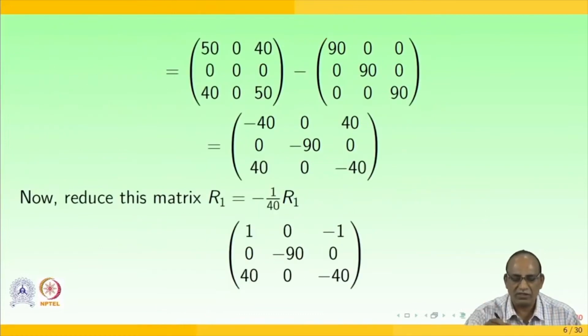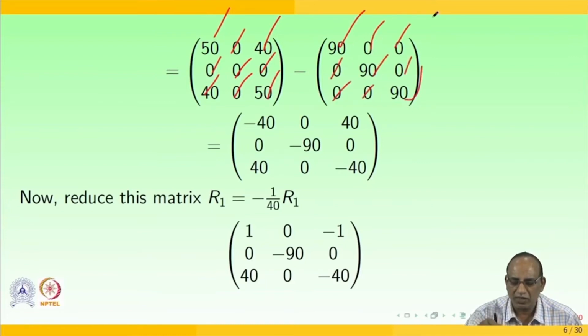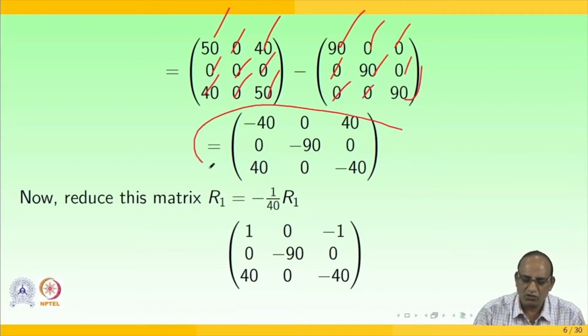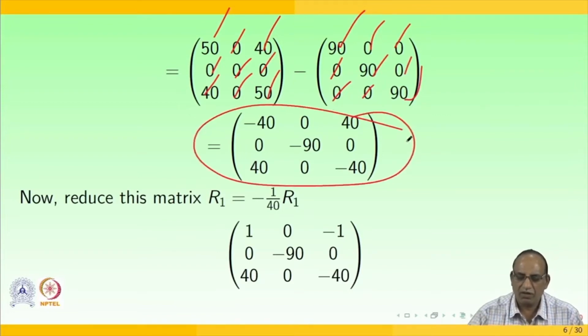This can be further simplified to 50, 0, 40, 0, 0, 0, 40, 0, 50 minus 90, 0, 0, 0, 90, 0, 0, 0, 90, which turns out to be minus 40, 0, 40, 0, minus 90, 0, 40, 0, minus 40.